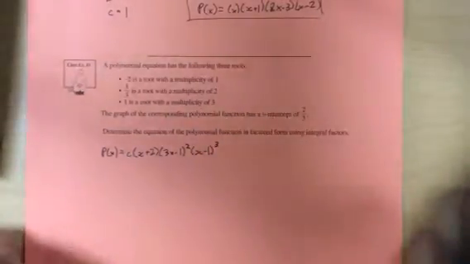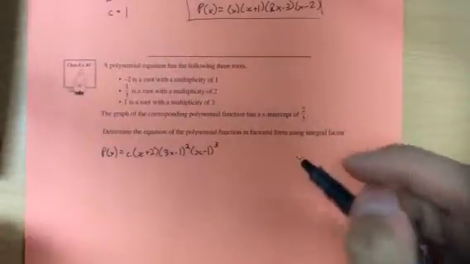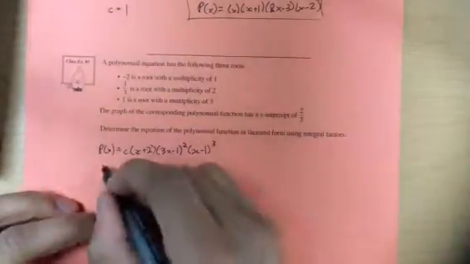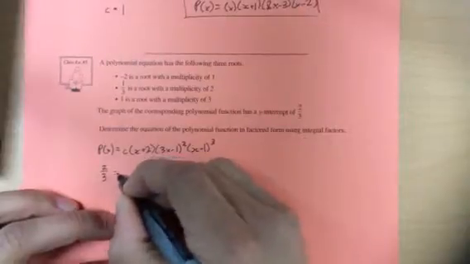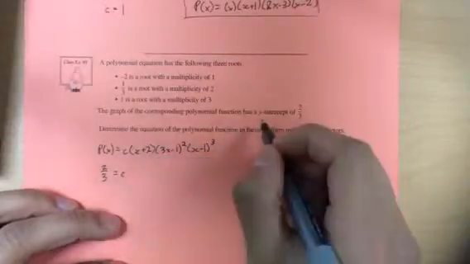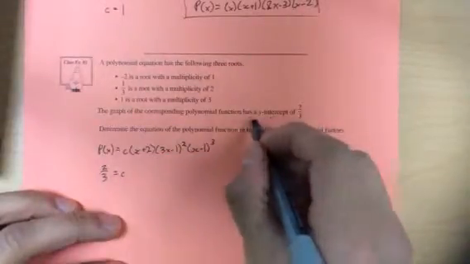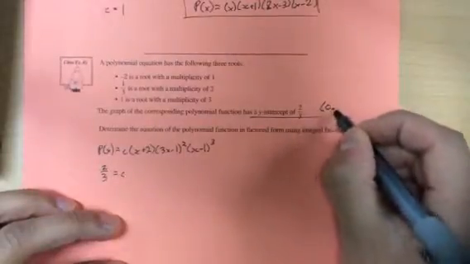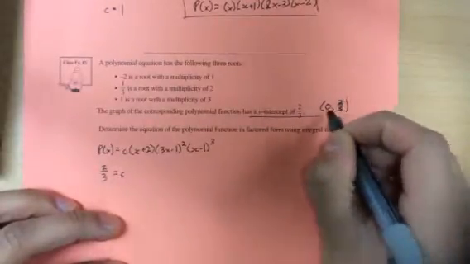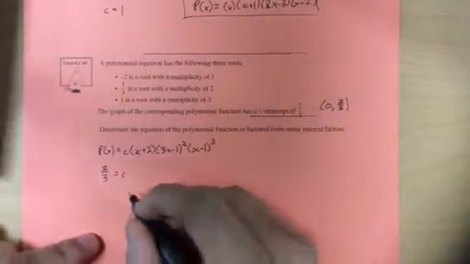And the graph of the corresponding polynomial function has a y-intercept of 2/3. So we plug in 2/3 and solve for c. Since that's the y-intercept, that means that it's at (0, 2/3), which means that 0 is the value of x we're going to use.